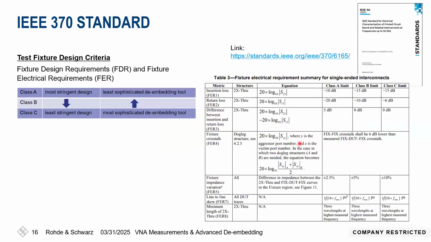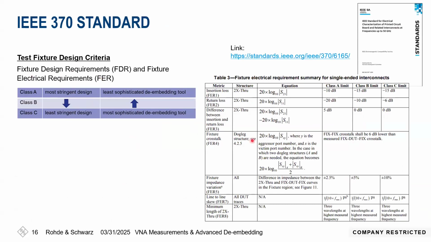Talking about the coupons and designing of it, there is an IEEE 370 standard. It's a very good document, basically, and it provides very detailed specifications and requirements in terms of fixture design and electrical requirements of the fixture.